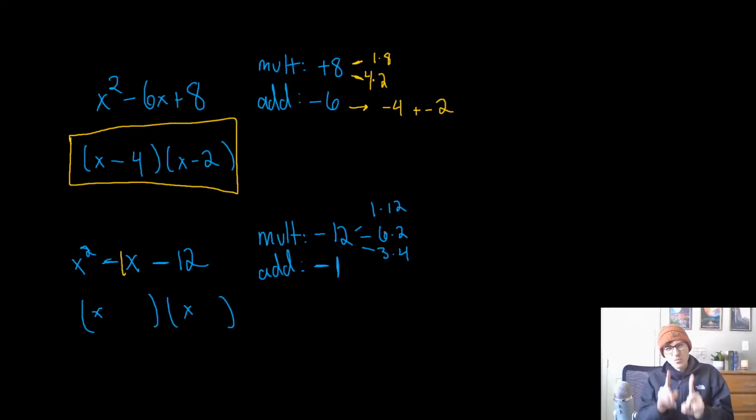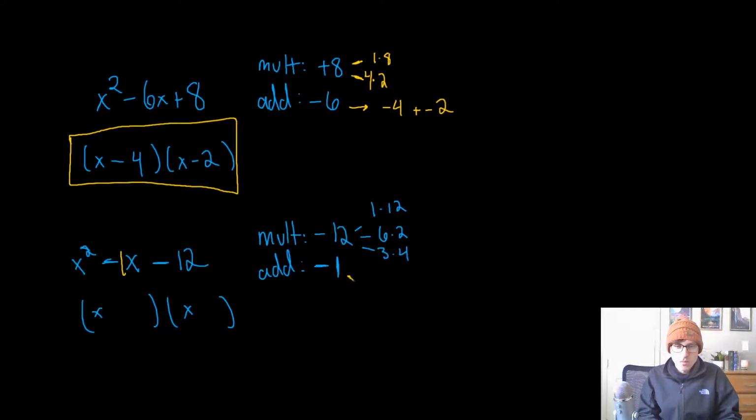Negative 1 plus 12 is positive 11. Negative 12 plus 1 is negative 11. Negative 6 plus 2 is negative 4. 6 plus negative 2 is positive 4. Negative 3 plus 4 is 1.